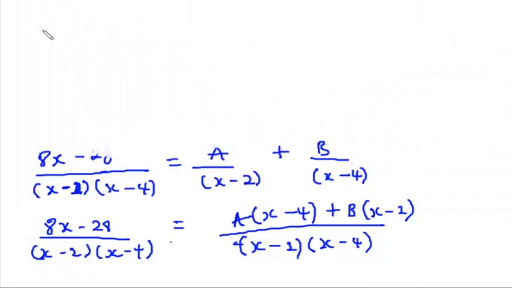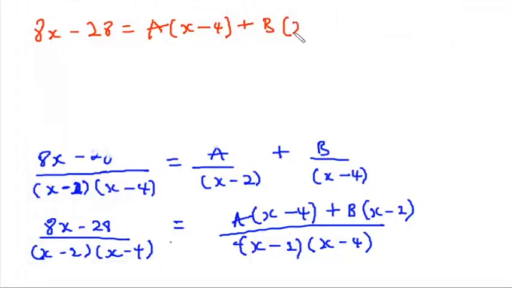So if we are equating the numerators of the two fractions, we'll have 8x minus 28 equal to a open bracket x minus 4 plus b open bracket x minus 2.